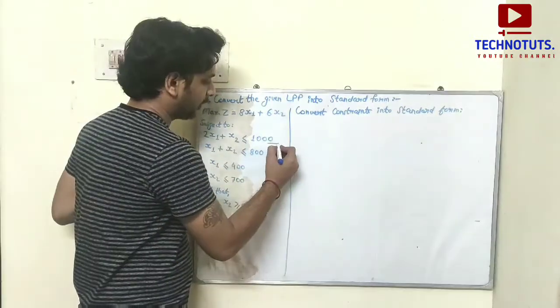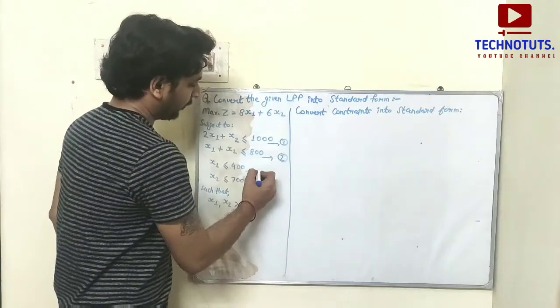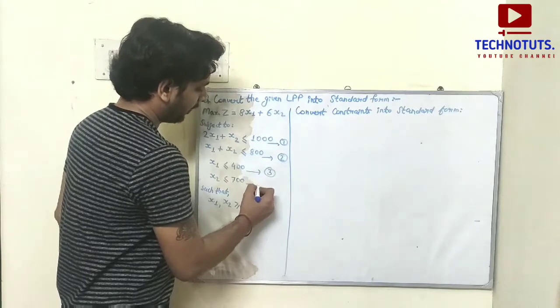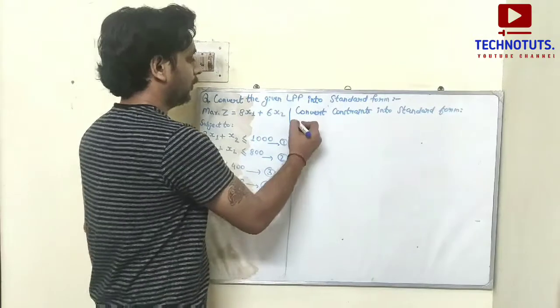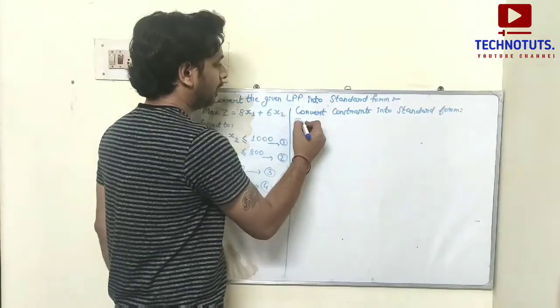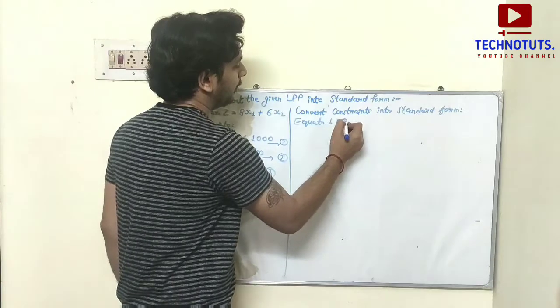Just write what this equation is: equation number 1, equation number 2, equation number 3, and equation number 4.